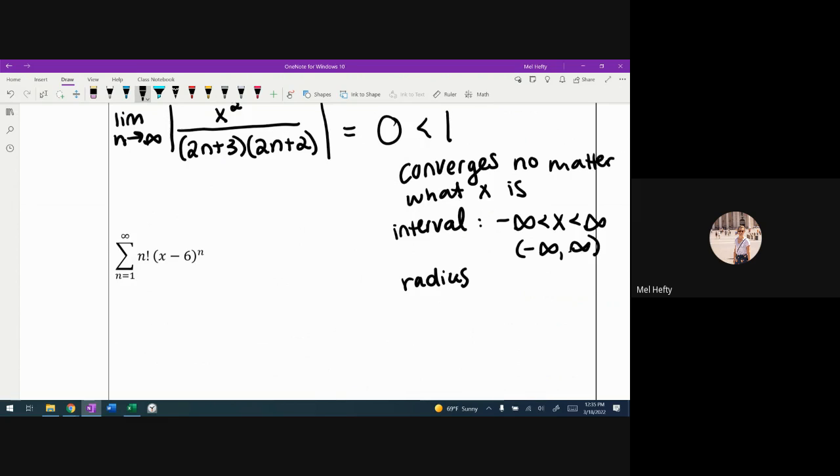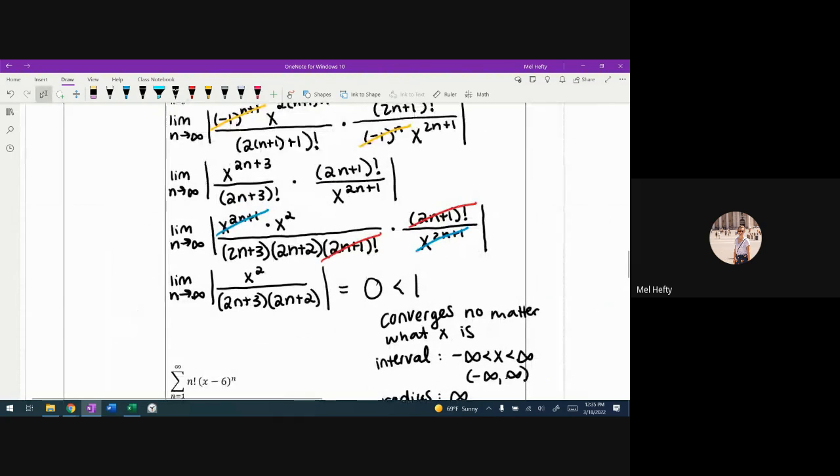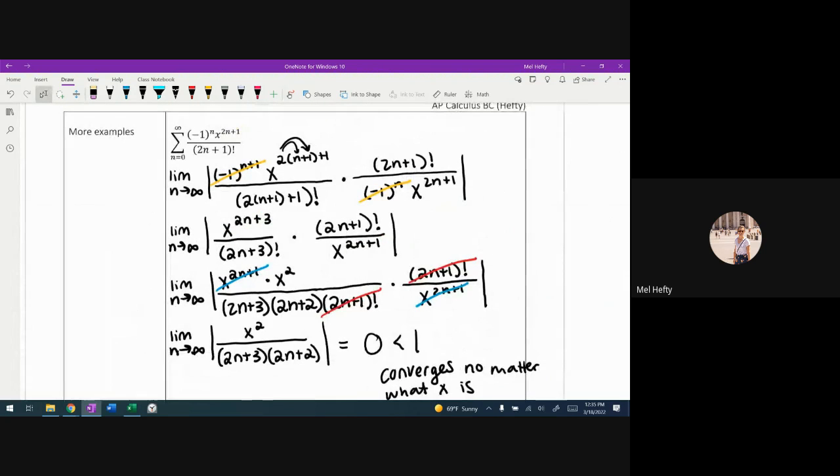All right, so what's the radius of convergence? How far can I go from my center? Infinity. So some strategic questions here. What is my center? There is a center: 0. How do I know? Do you see an x minus anything? No. So this is a power series centered at 0.